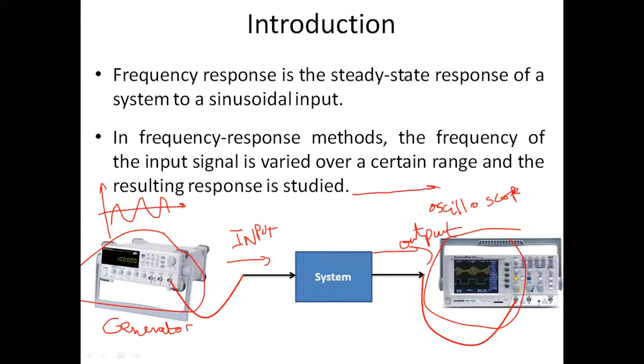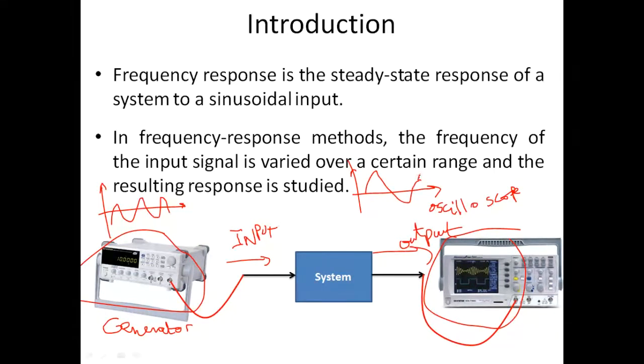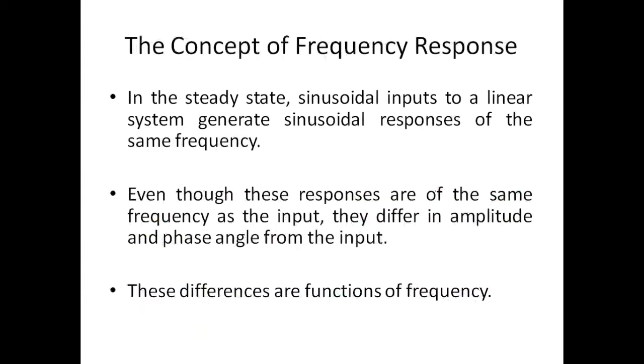So for sure the output should also be a sinusoidal signal, but maybe with a different amplitude. So in the steady state, sinusoidal inputs to a linear system generate sinusoidal responses of the same frequency.